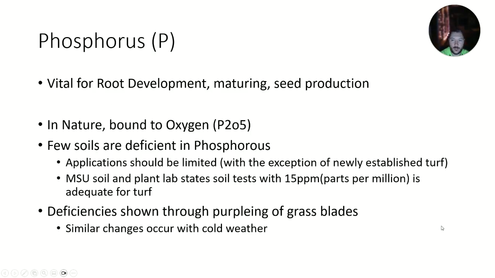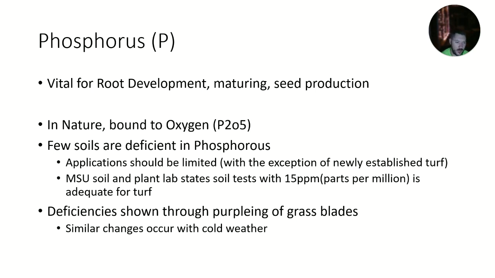Phosphorus. It's vital for root development, maturing, and seed production. So generally, when they're going into seed, they're using the most phosphorus, right? In nature, it's bound to oxygen, which the ratio would be P2O5. A few soils are deficient in phosphorus here in Michigan.